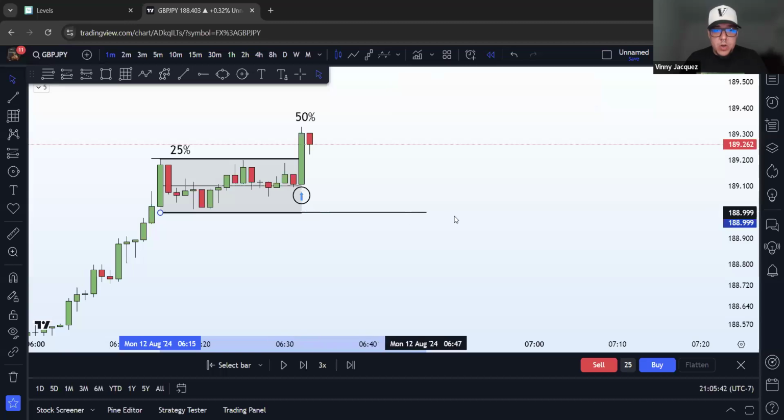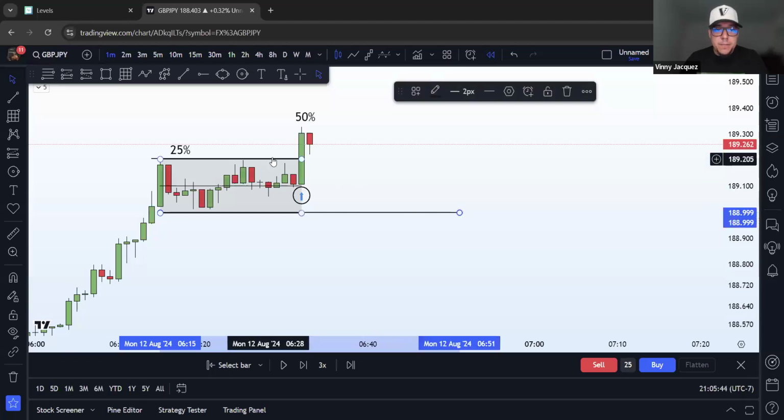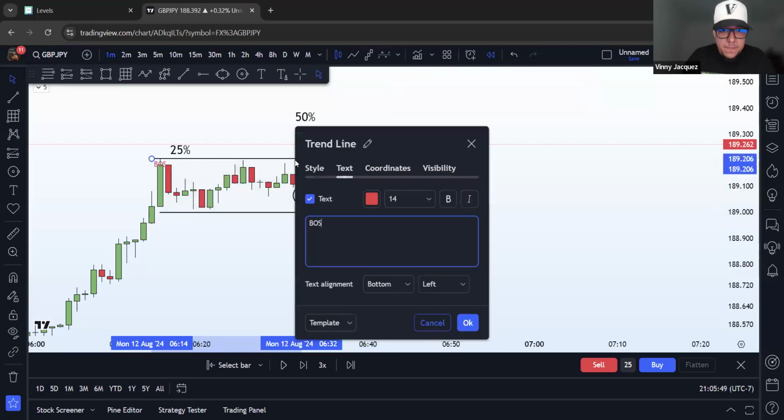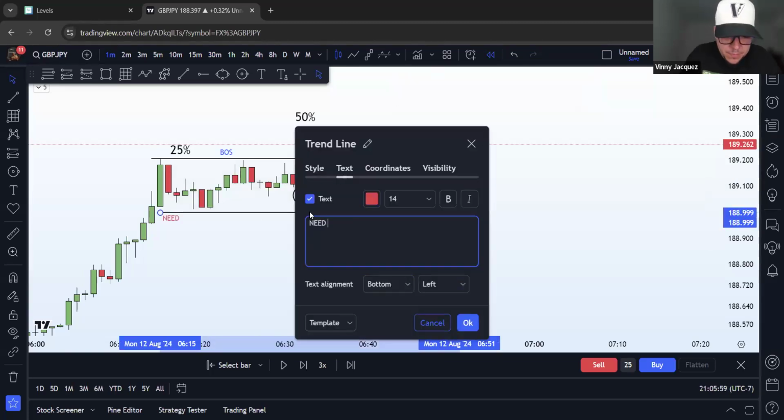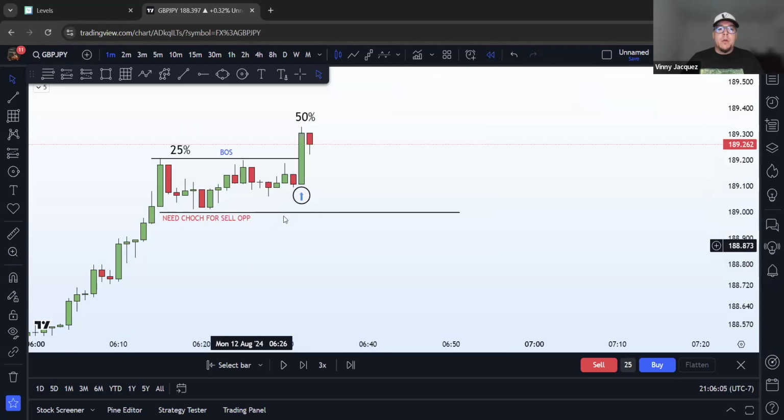Now, when the market wants to go ahead and change character, once the market breaks and closes below this line, we're looking for sells.